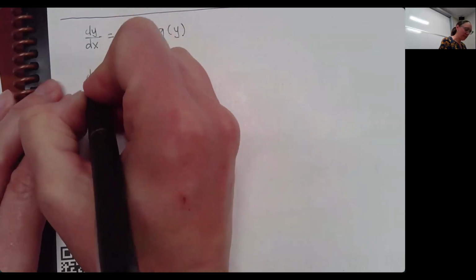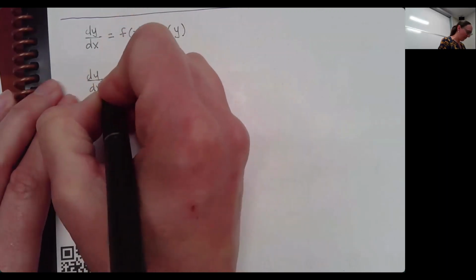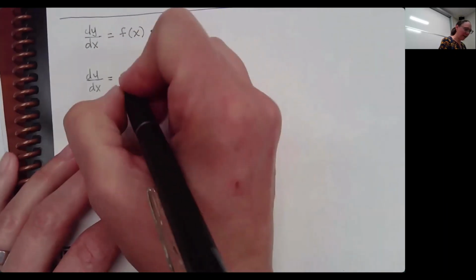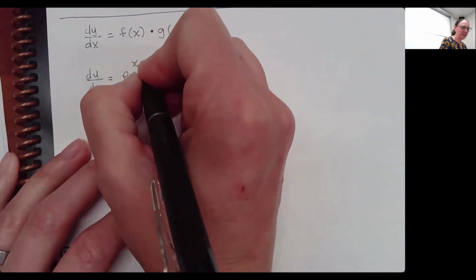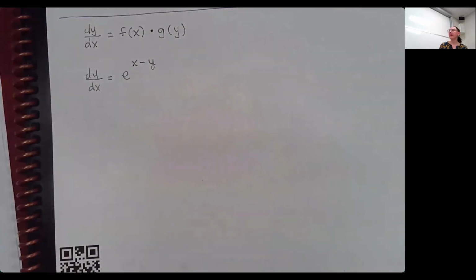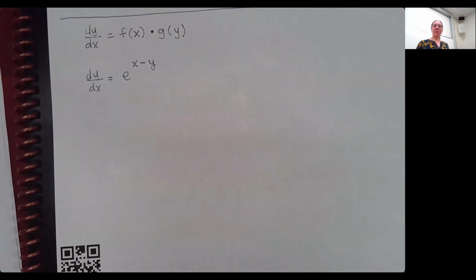how to separate pieces. So my first one in this section, I've got e to the x minus y. So at first you might look at that and think that it's not going to be straightforward to separate.